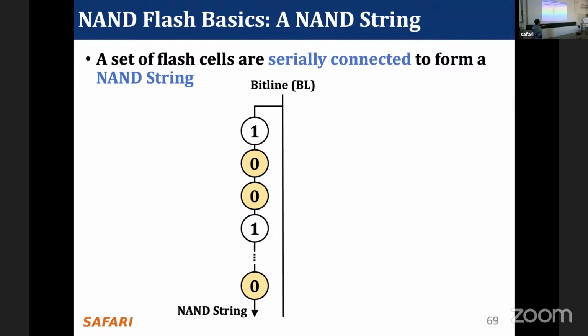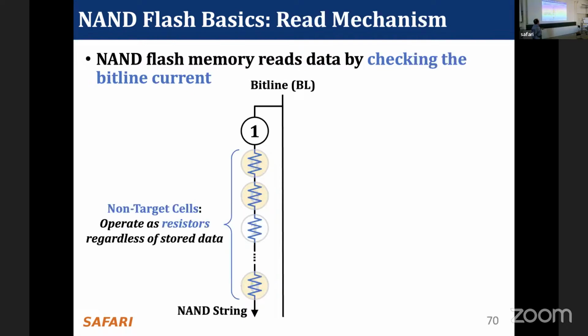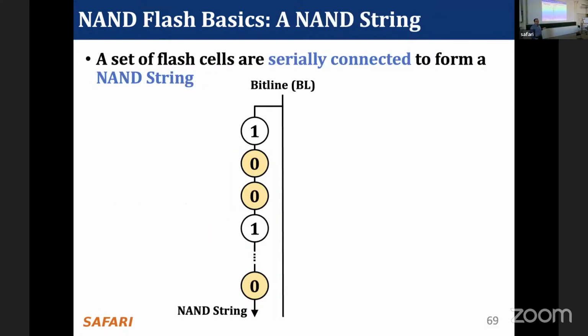A set of flash cells that are serially connected form a NAND string. This is the NAND string that we have, and they are connected to the same bit line. The reason that we call it a NAND flash chip is this NAND connection. There is also another flash design which we call NOR flash, which provides better parallelism and better latency for accessing your flash chip, but it has some overhead.